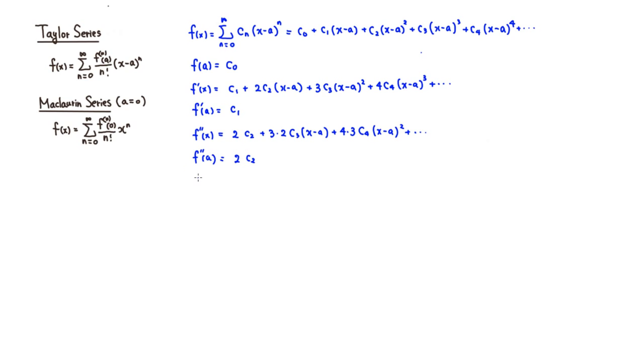So let's take another derivative, f triple prime of x. The derivative of that is 0, and the derivative of the next term is 3 times 2 times C3, plus you're going to get 4 times 3 times 2 times C4 times x minus a to the first power, and so on.